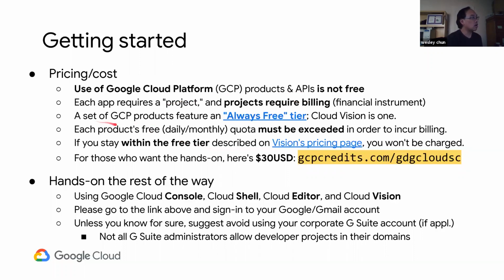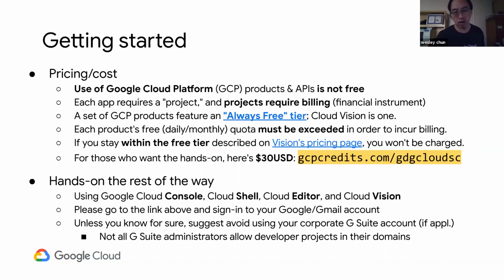Now, there are a set of products that we have that have what is called an always free tier. I know you can't click on this, but you can probably just go to cloud.google.com/free and just do a search for always free. What that means is that every day or every month, certain GCP products give you completely free access.